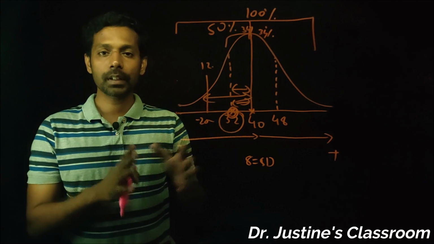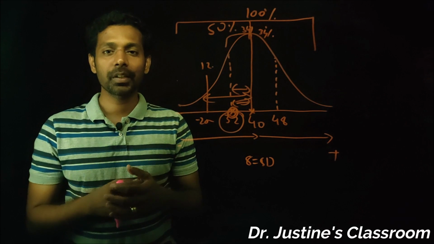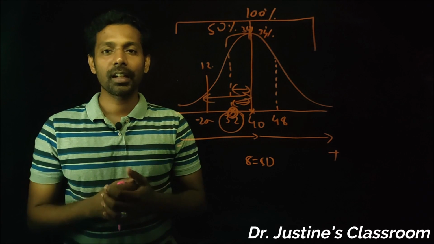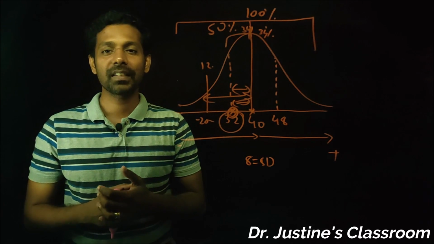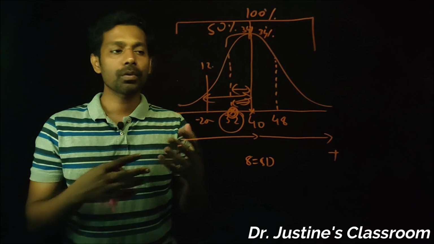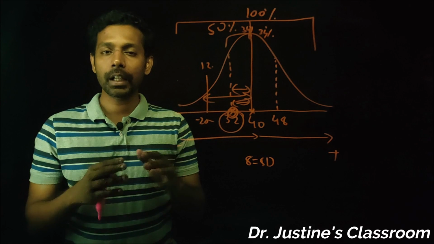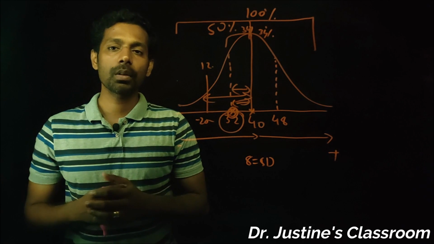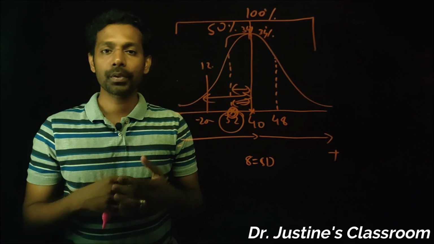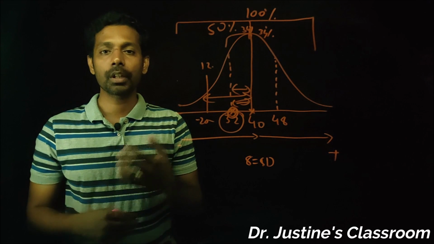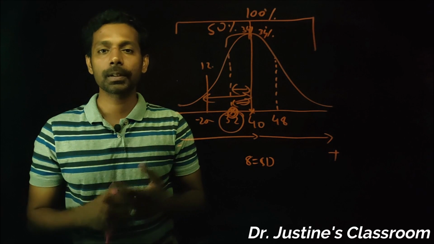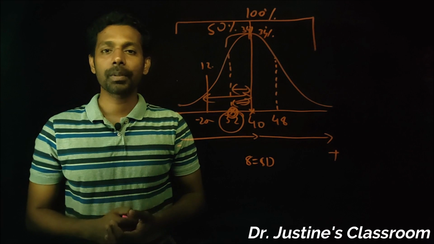Now I was just solving the problems, so there must have been some vagueness. I got some personal messages where they said they could not follow the way I answered some of the questions. That's fine. If you have any doubts, comment in the section below. I will try my best to make videos related to that, or send you some personal details so that you can get more clarity on these topics.